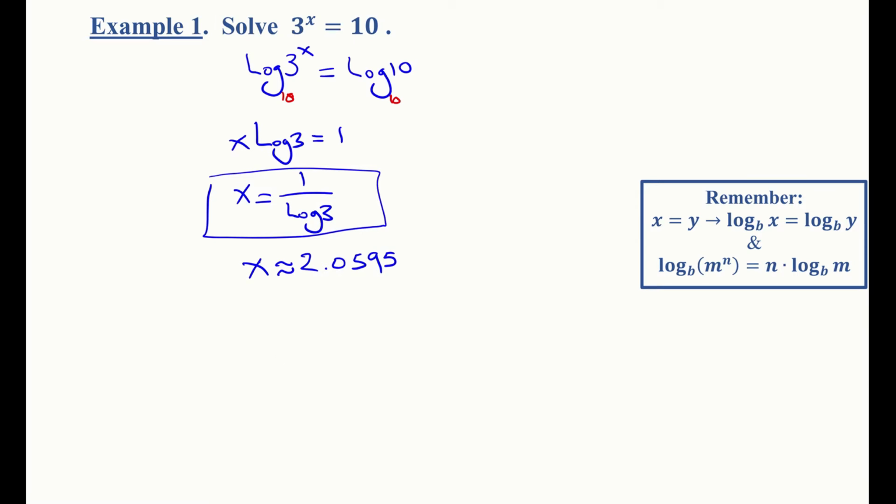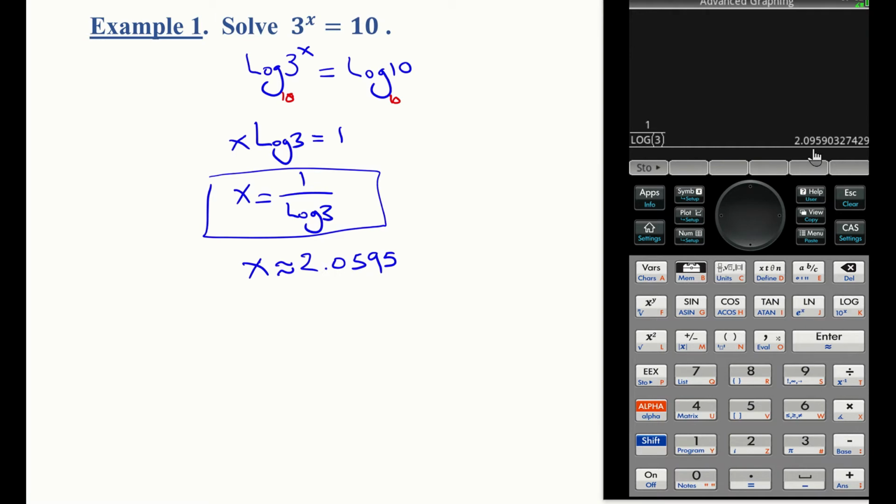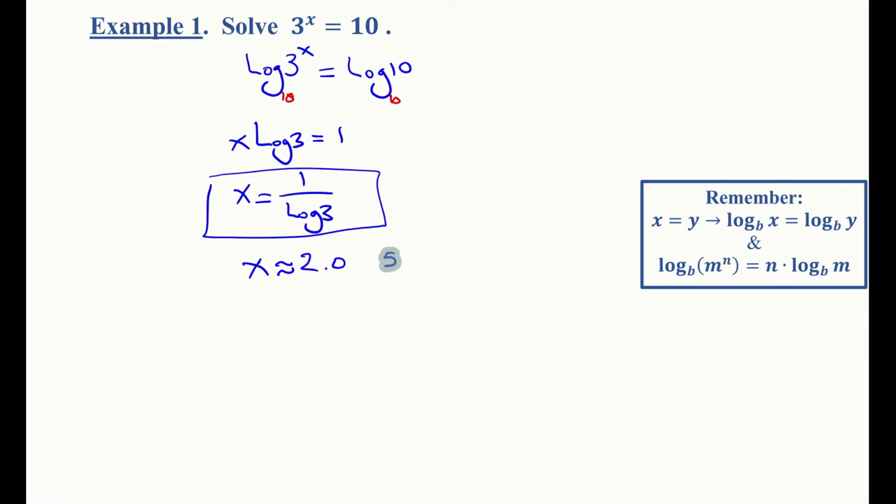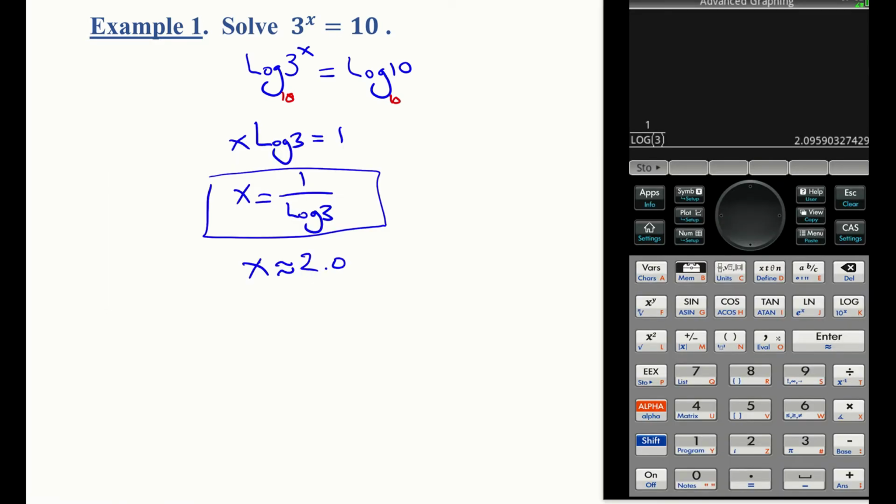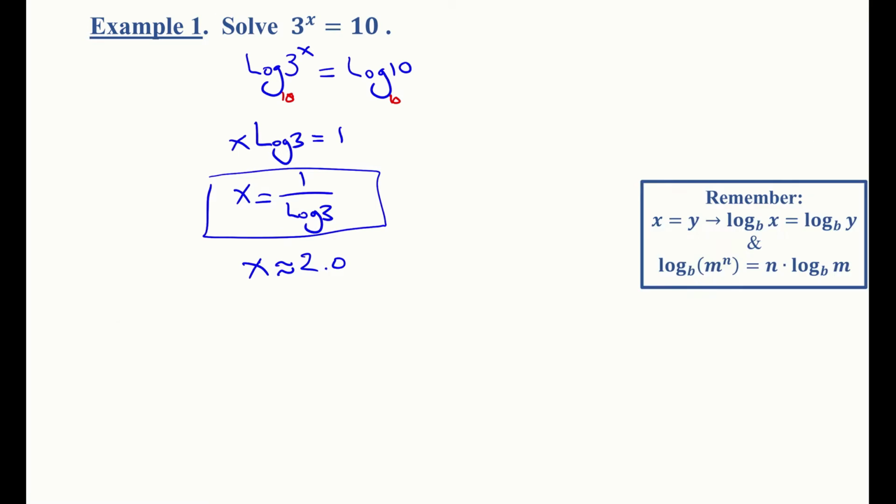Let's go ahead and double check that. 2.0, we need to fix that. It's 2.0959. So it's a good thing we checked it. Now, this is an approximate answer and this is an exact answer.